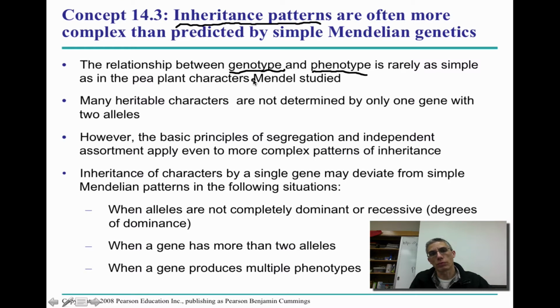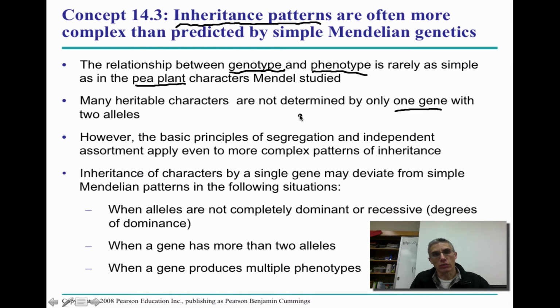Remember, genotype represents the genotypic arrangement for that particular characteristic, and phenotype is what you're going to see. It's rarely as simple as the garden peas that Mendel studied back in the 1800s. Many heritable characters are not determined by only one gene.